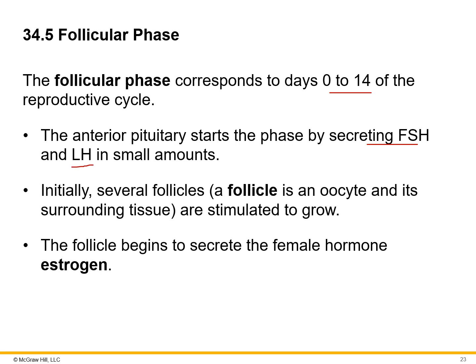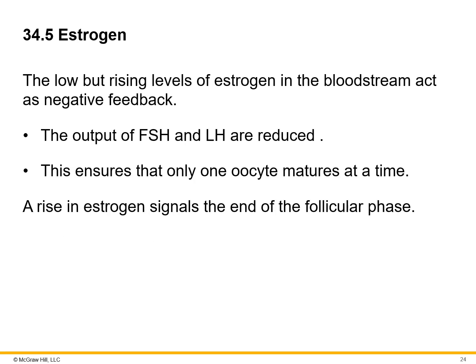So initially, lots of those follicles, which is an oocyte and its surrounding tissue, are stimulated to start to grow. And then that follicle begins to secrete the hormone estrogen. So the follicle itself that's surrounding that oocyte is actually what's releasing that estrogen hormone.